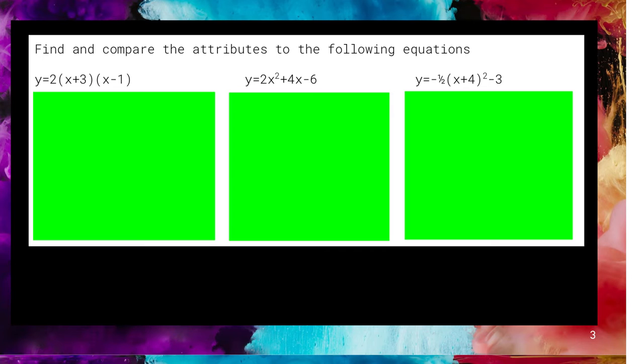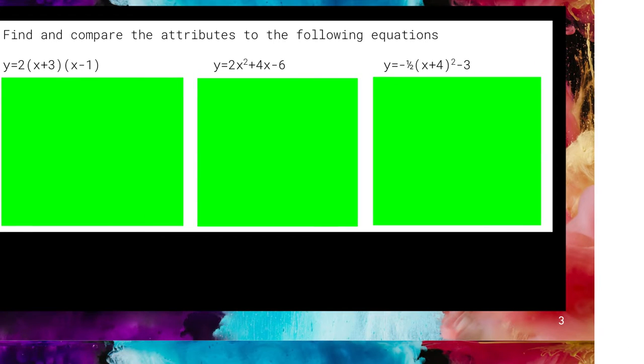So starting with the intercept form, you can either do this by just looking at it. If you were to do the intercept form, you will be able to find the x-intercepts, as well as the y-intercept and the axis of symmetry.